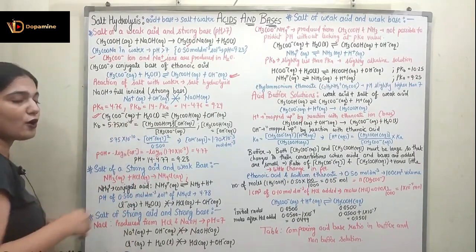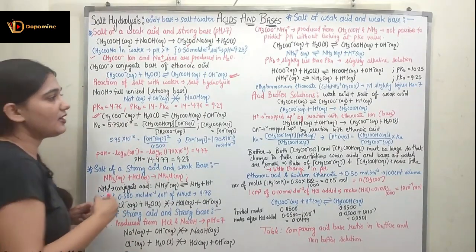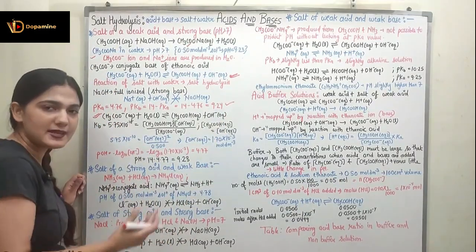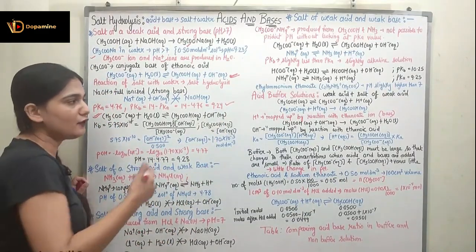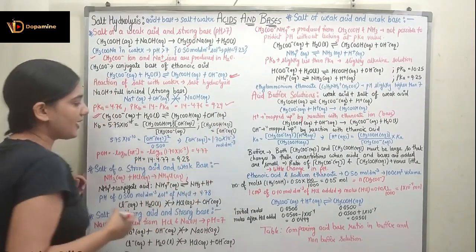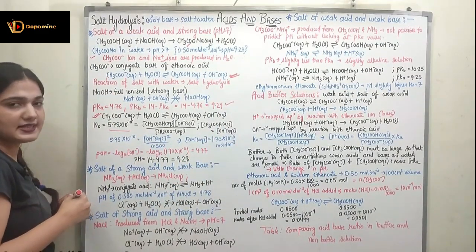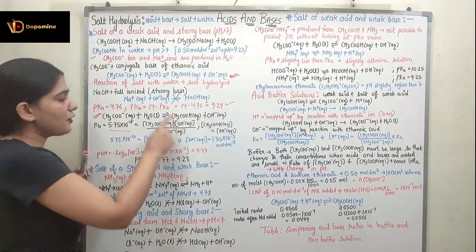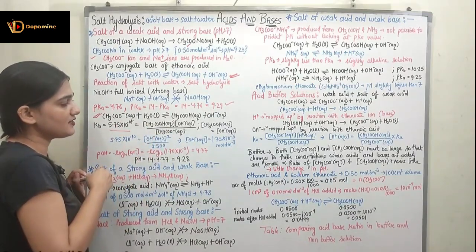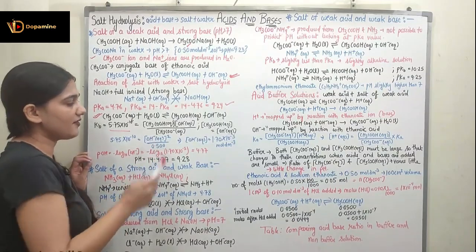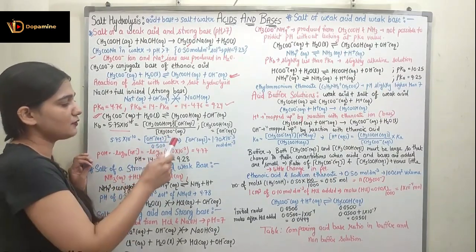Now let's talk about the Kb from this reaction. The pKb is 9.24, so Kb is the antilog, 5.75 times 10 raised to the power minus 10. We can also deduce Kb from this equation: the concentration of CH3COOH multiplied by the concentration of OH negative, divided by the concentration of CH3COO negative.